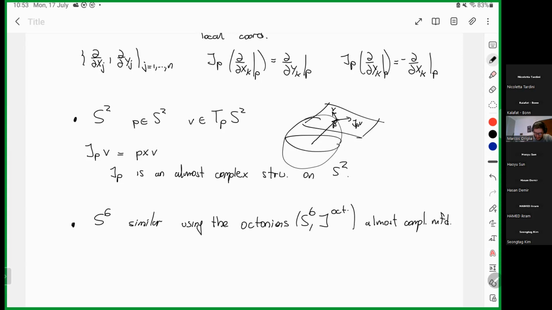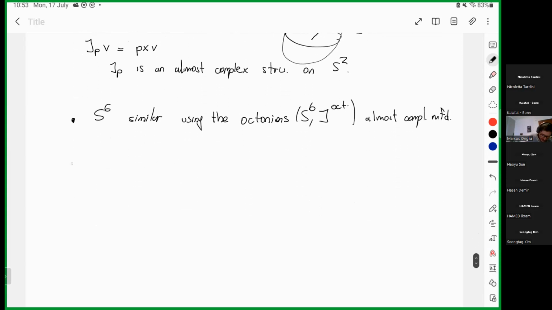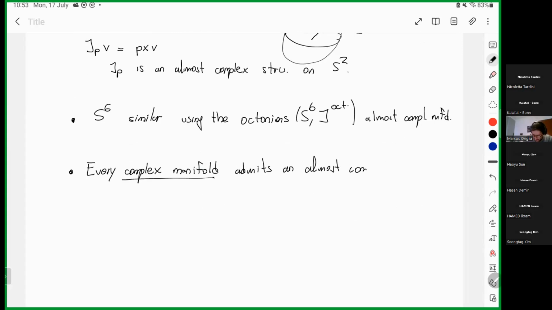Okay, so in general, there is a big family of manifolds admitting an almost complex structure, and it's the family of complex manifolds. So the next remark is this one. Every complex manifold admits an almost complex structure.